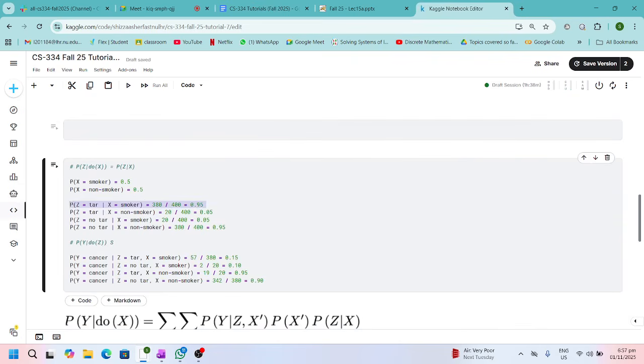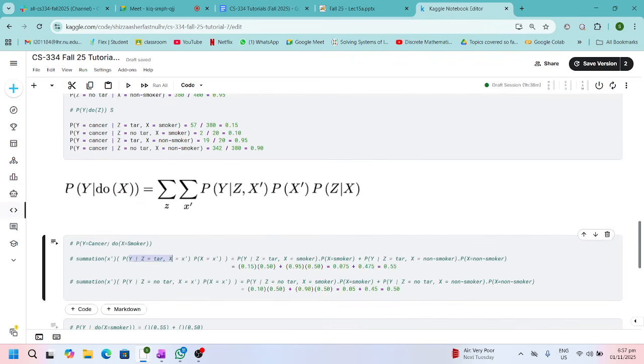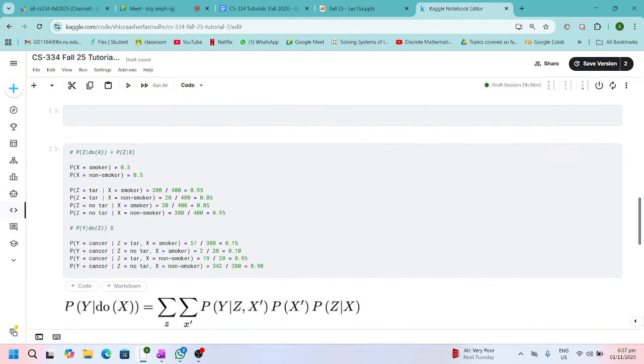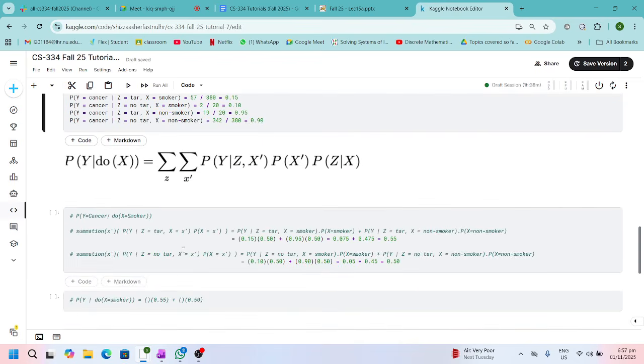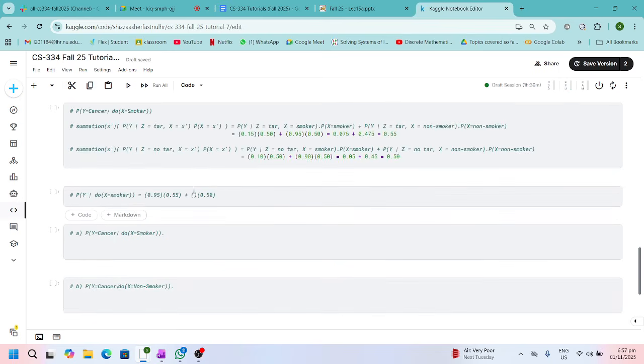So you have z equals tar and x equals smoker, because in this instance we were checking against tar. So your value is 0.95. I will plug in 0.95 over here. In this case, you have the exact same thing but with no tar. So smoker and no tar. This is what we have over here, 0.05.